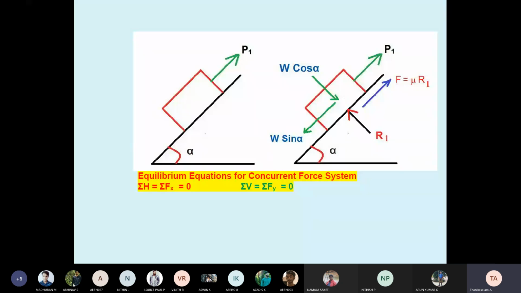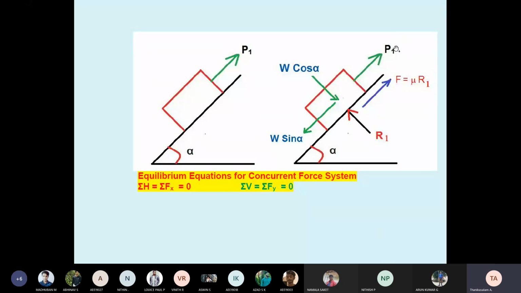The holding is the P1. Understand the holding, holding with the hand. Suppose one person is sliding on the mountain, and you are just holding. That body is sliding downwards, but your applied force P1 is upward. Even though your friend is sliding downward, what about the friction? Friction is also upwards.